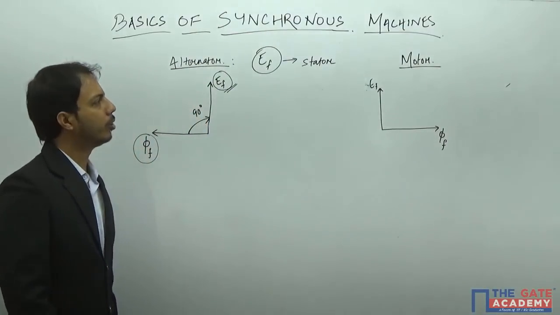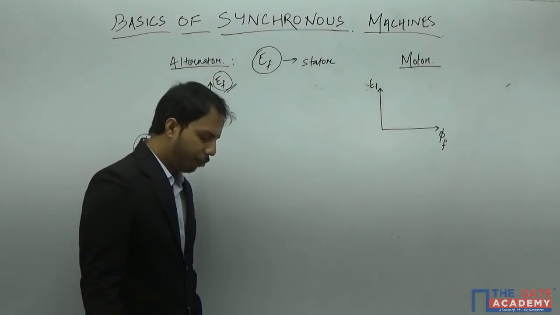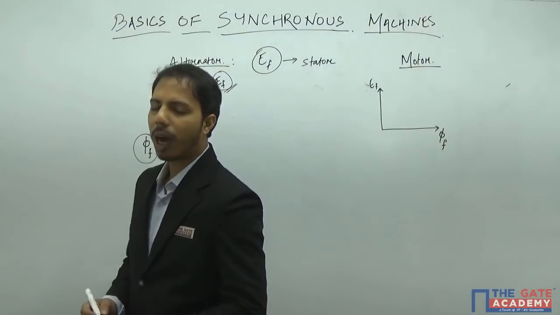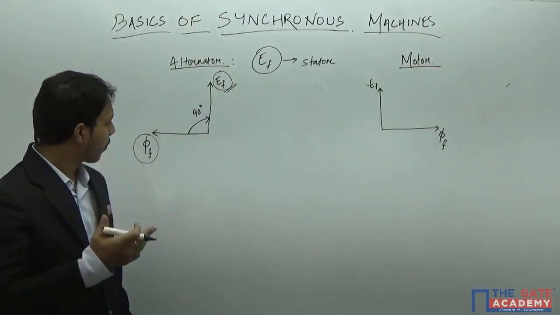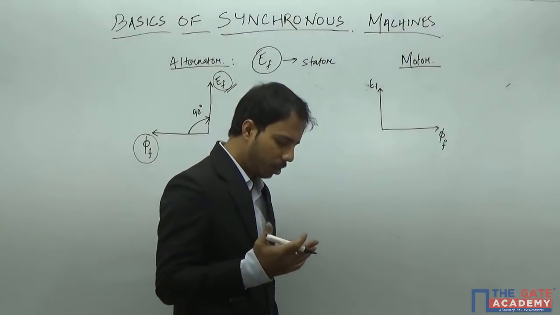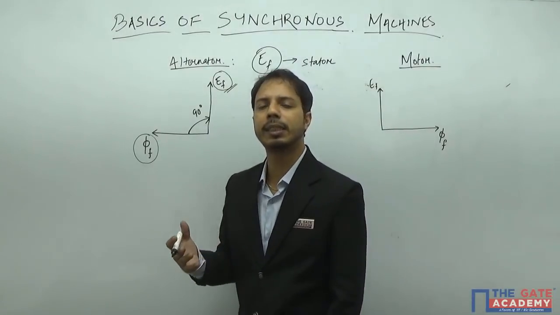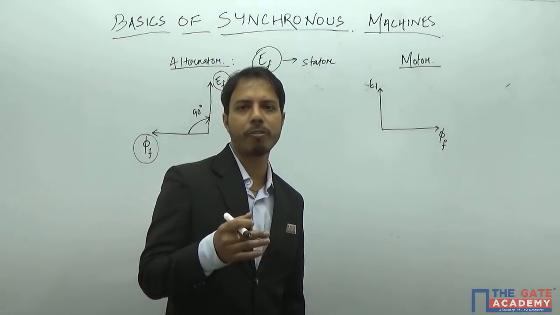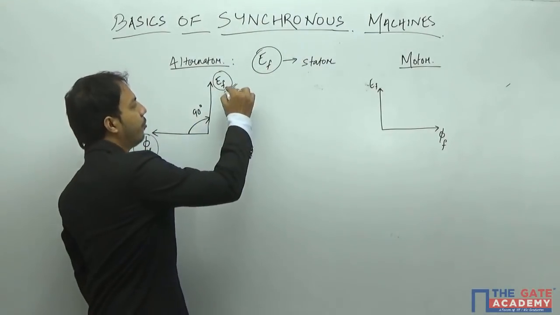Okay, so now, do we know what armature reaction is? Armature reaction is basically this: suppose we have current in the armature, and that current is, say, 0 power factor lagging with respect to the induced EMF EF.